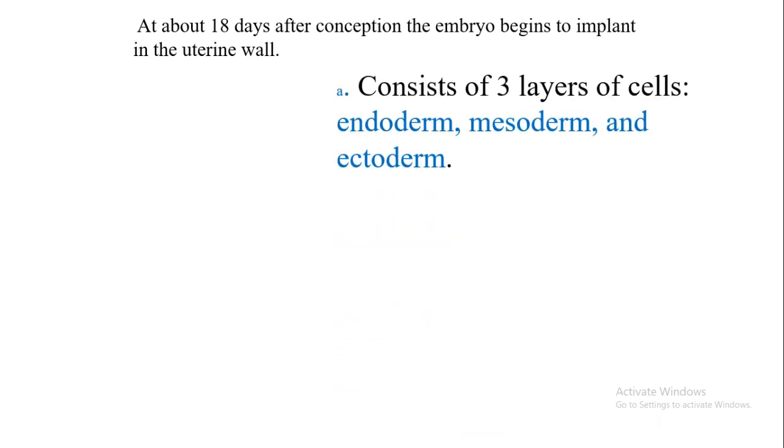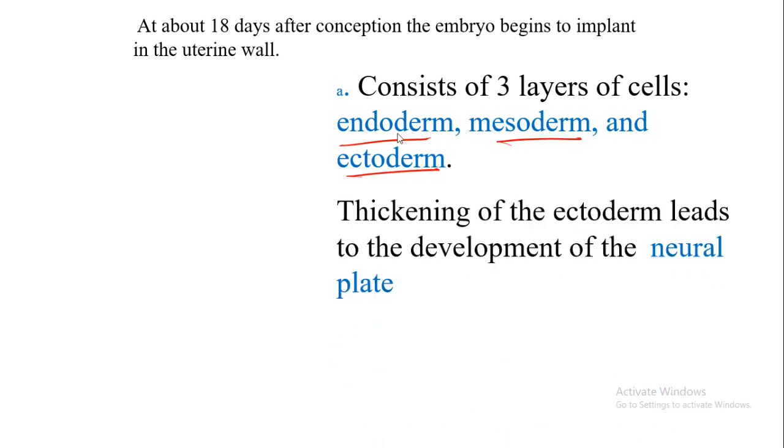So by day 18, the embryo already consists of the 3 germ layers, repeating the same thing: the endoderm, mesoderm, and the ectoderm. And then there will be a thickening of the ectoderm to lead to the formation of the neural plate. This thickening of the ectoderm is because of the presence of what appeared in the mesoderm, and that was the notochord.